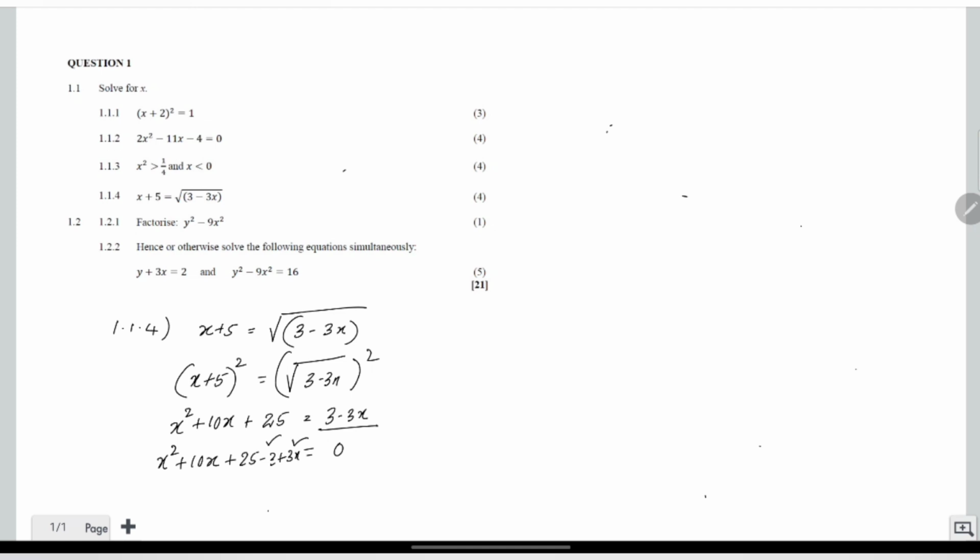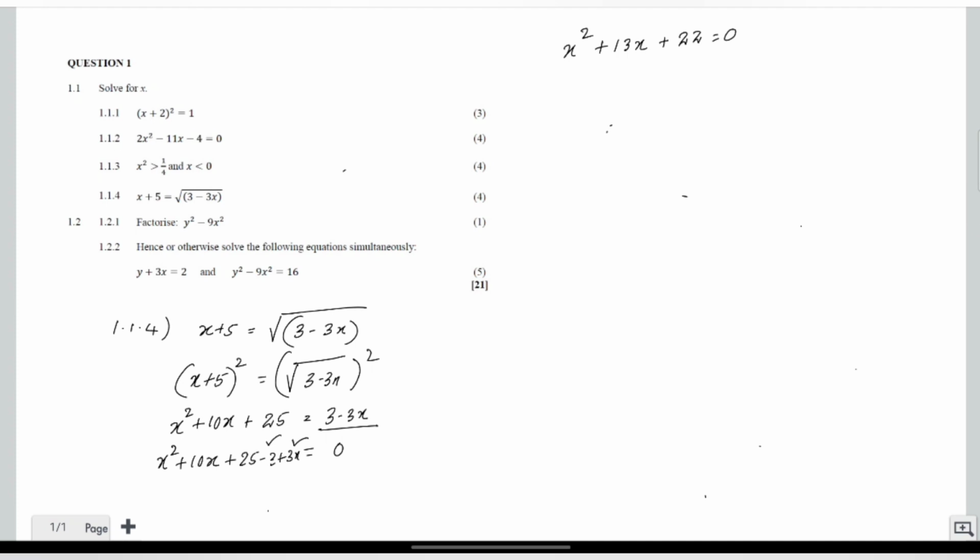Yes. Now arrange it and make it a standard form, that is x square is there. Then x terms we can see 10x and 3x going to be 13x. It's clear? Then 25 minus 3 is going to be 22 is equal to 0. So we are almost there. We got a standard form. Now you can see a, b and c, isn't it?